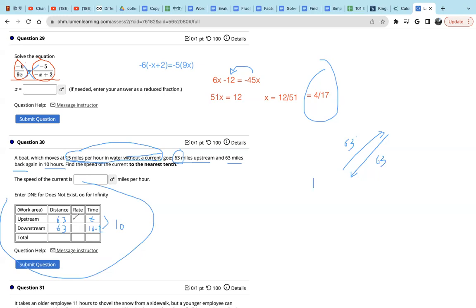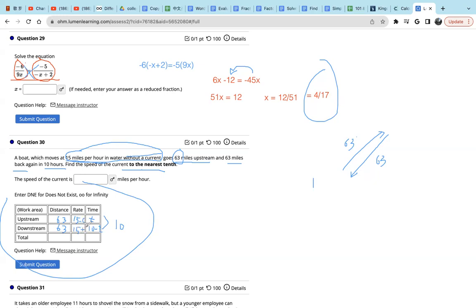So that would be 15 miles per hour minus the current, because we want to find the speed of the current. Let's call it C. Then going downstream is the speed of the boat plus C.